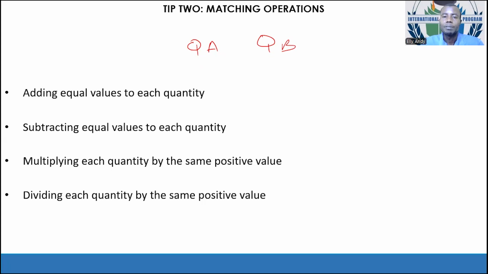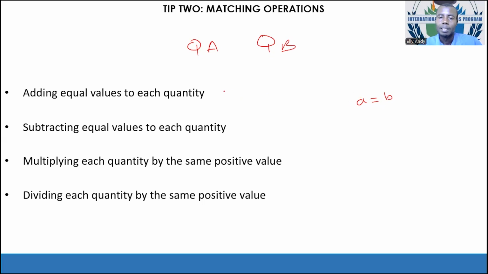Because if you have complex, for example, algebraic expressions in quantity A and the same in quantity B, or just in one of them, it would be difficult to compare them without knowing what the values are. But doing matching operations on both quantities can help you simplify them. And by matching operations, we mean whatever you do to quantity A, you do to quantity B. Think of this like an equation with an equality sign. Something like this. Whatever you do to quantity A, you do to quantity B.